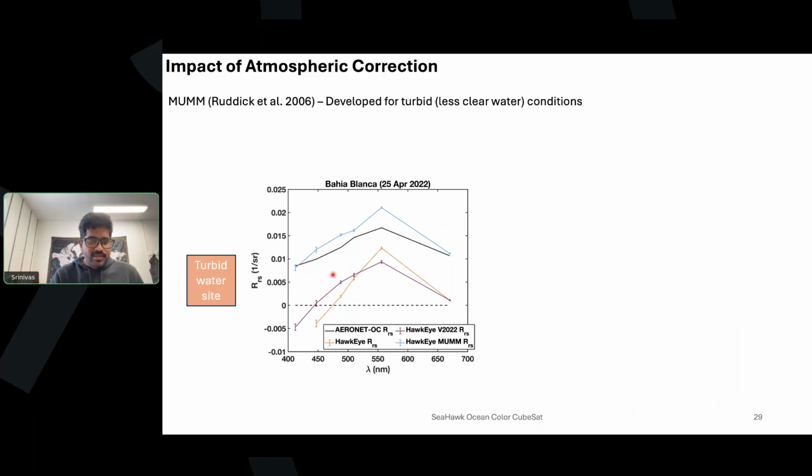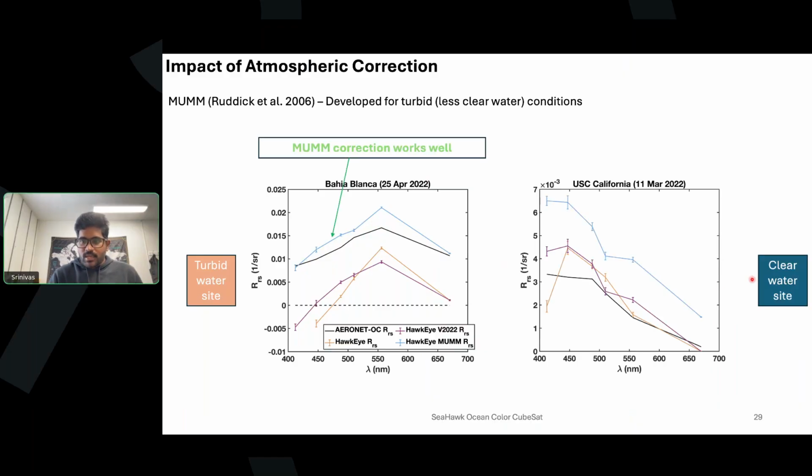You can observe that the Hawkeye data, which is corrected with the MUMM correction, agrees a bit better with the in situ data as compared to the other two standard processings. This makes sense because the MUMM correction which was used is designed for turbid waters, and Bahia Blanca is a turbid water site.